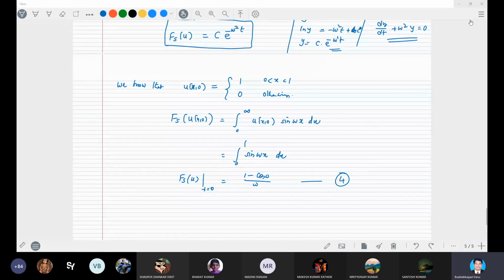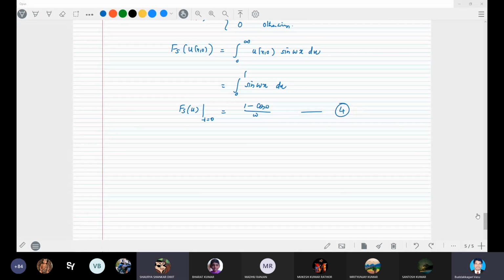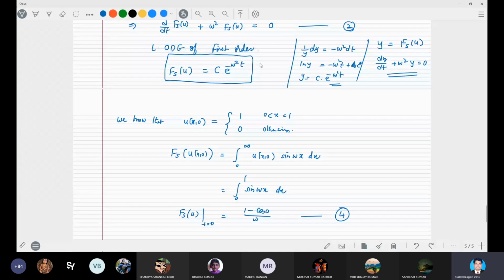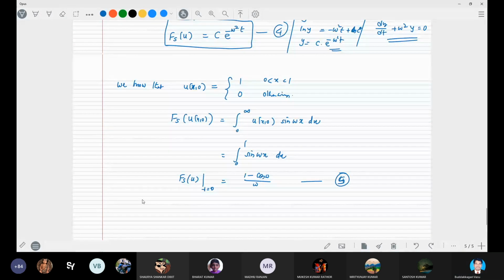Now using this one here, this will be equation 4 and this may be equation 5. Now from 4, Fs u at t equal to 0 is c into e to the power 0.